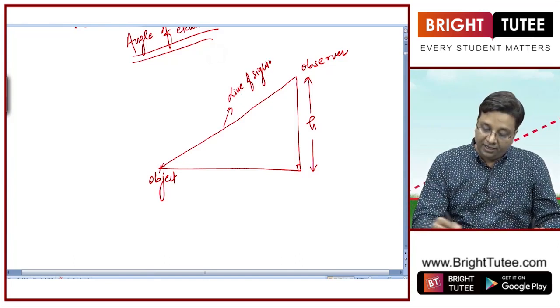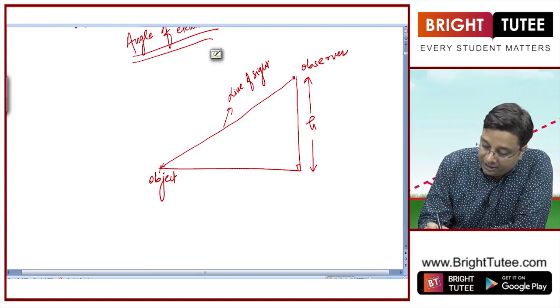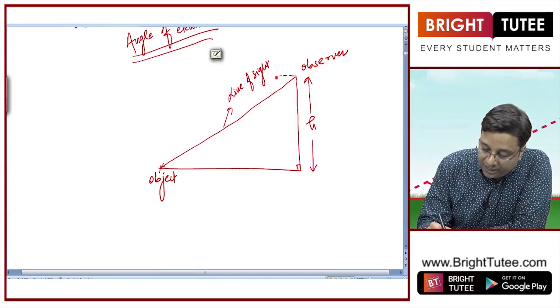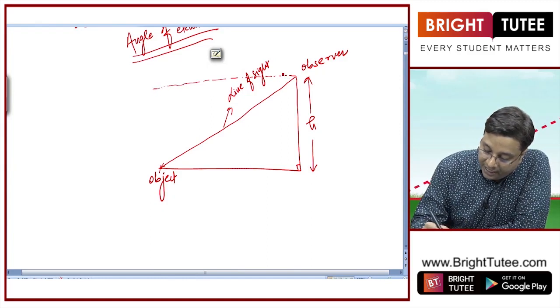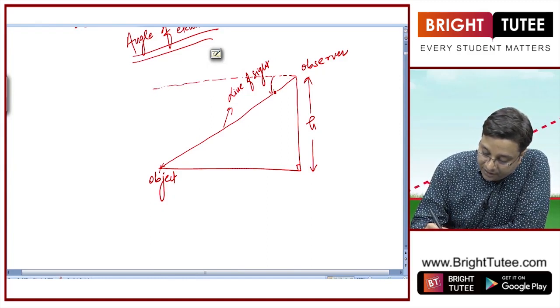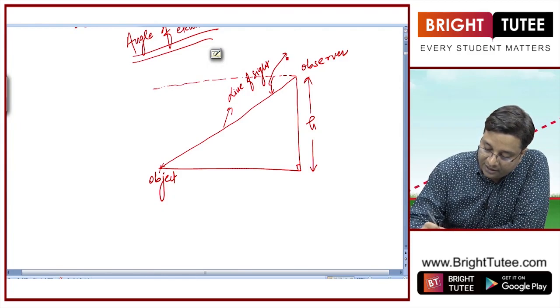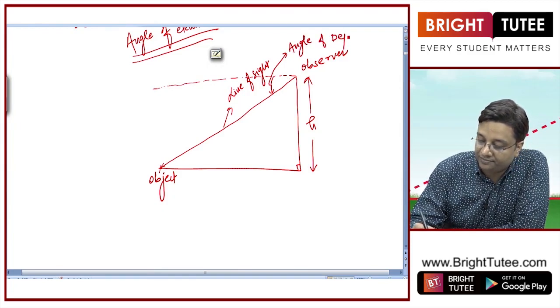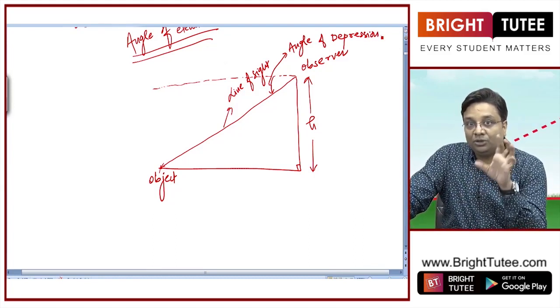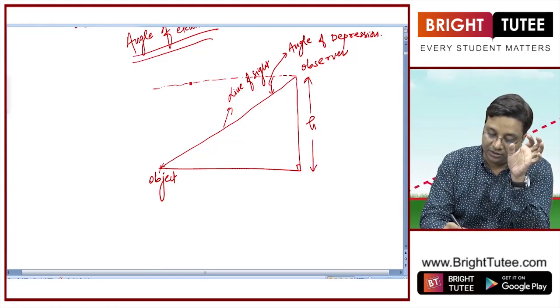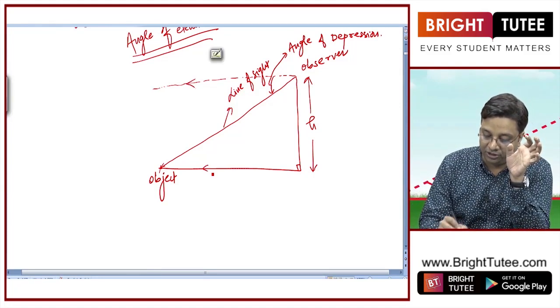And this angle you make with a horizontal line here, and this angle here is known as the angle of depression. Angle of depression is again made with a horizontal line. So this line is parallel to this line, right.